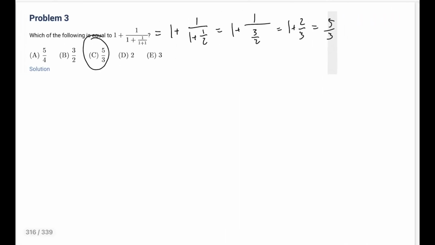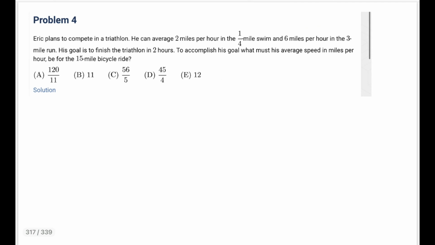And problem number 4. Eric plans to compete in a triathlon. He can average 2 miles per hour in the 1/4 mile swim and 6 miles per hour in the 3-mile run. So for the swim, he will take 1/8 hours, and in the 3-mile run, he will use 1/2 hours, and he wants to finish the triathlon in 2 hours, right?